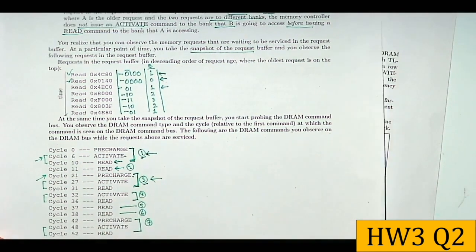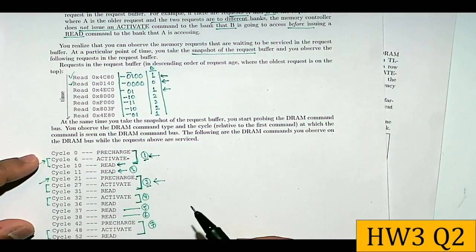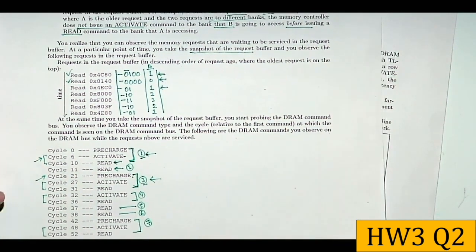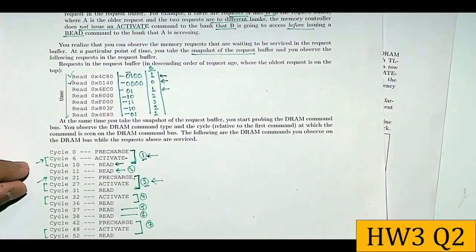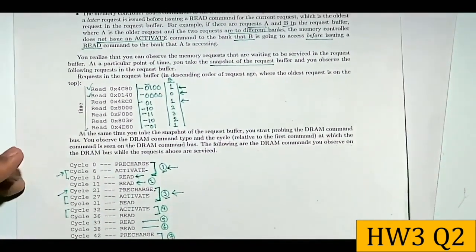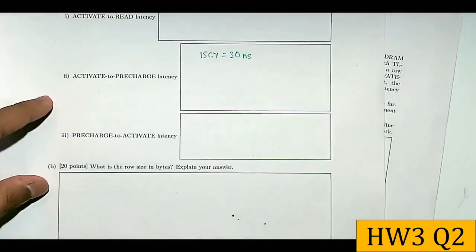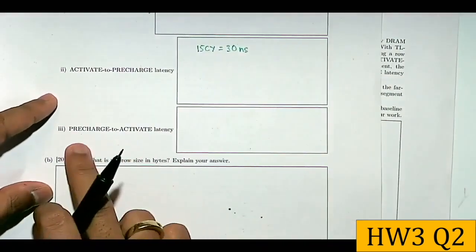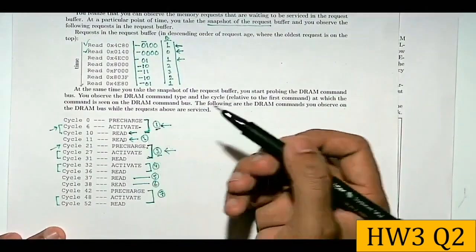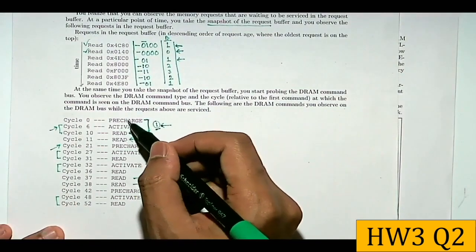So then 6 to 21, if you want to verify this with something else, you can also see that this timing constraint actually holds for the other remaining accesses also. The second one is pre-charge, the third one is pre-charge to activate latency. Pre-charge to activate is straightforward.